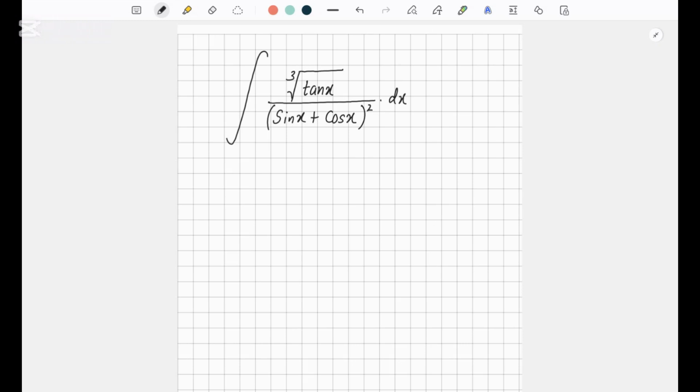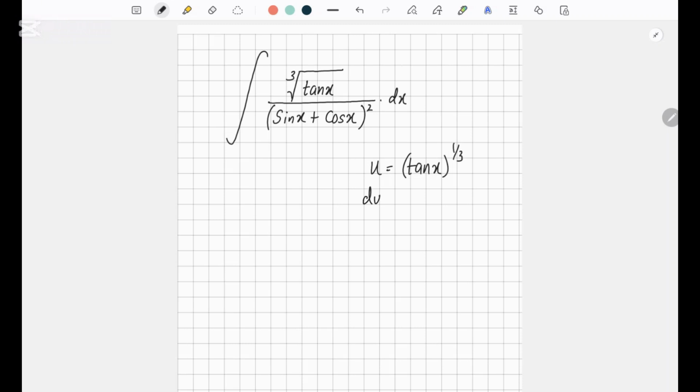So what you could do is you could take a substitution of u equals tan x to the power 1 over 3. Now cubic root means to the power 1 over 3, right? It's the same thing.